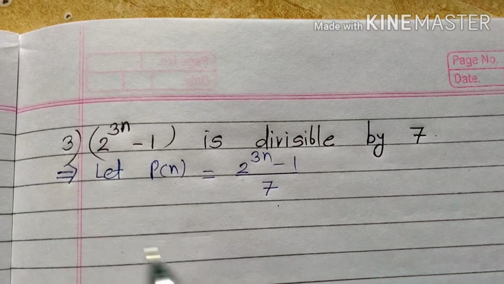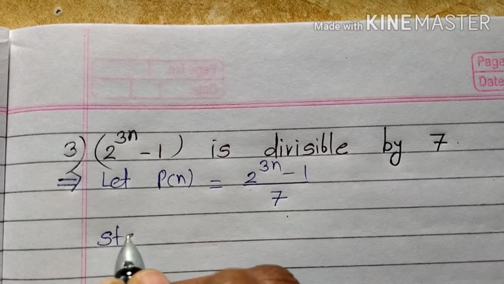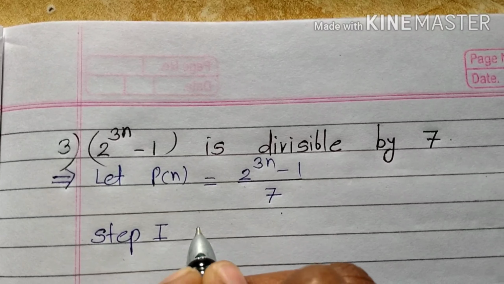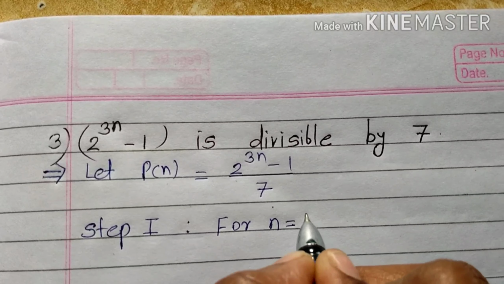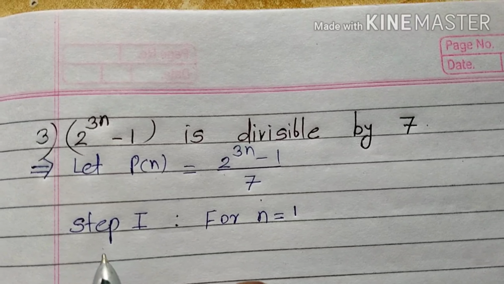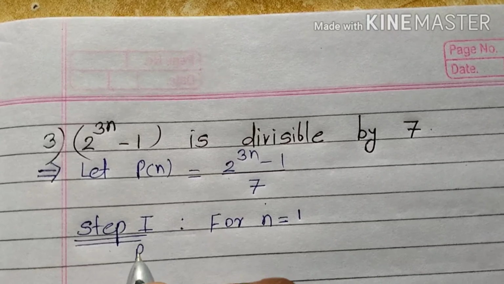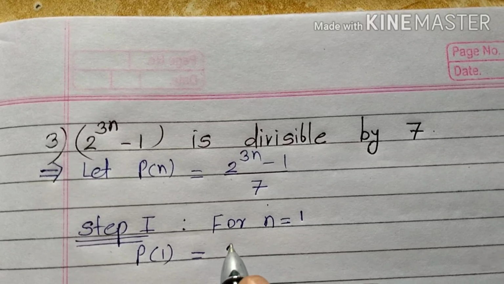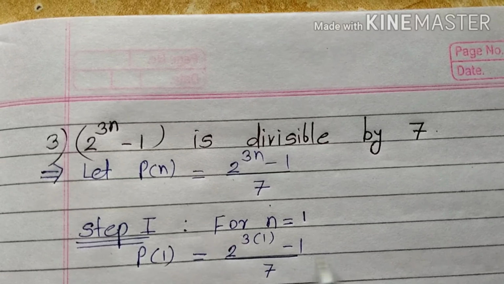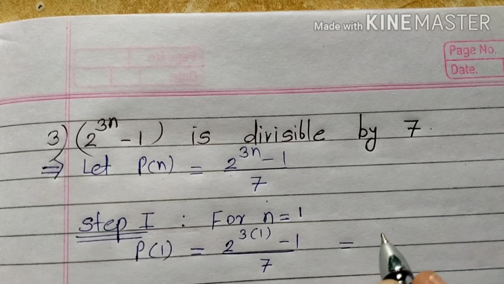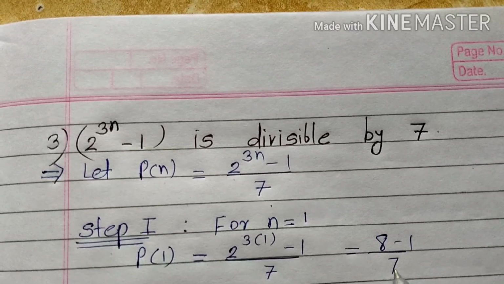So in step first, for n is equal to 1. So P of 1 is equal to 2 raised to 3 into 1 minus 1, upon 7. Now 2 cubed means 8 minus 1 upon 7.